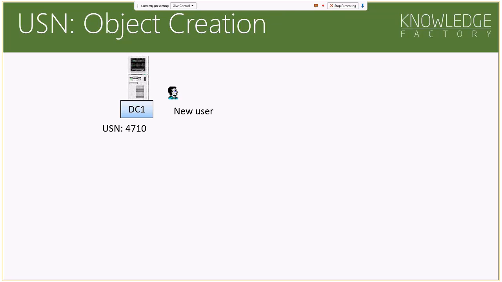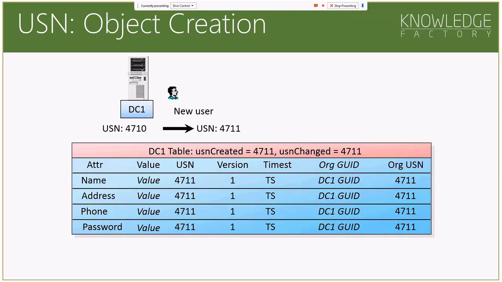So I have DC1. I'm going to create a new user. My local USN, which was 4710 before I created the user, is now 4711. If you look at the table, we have USN created 4711, USN changed 4711.